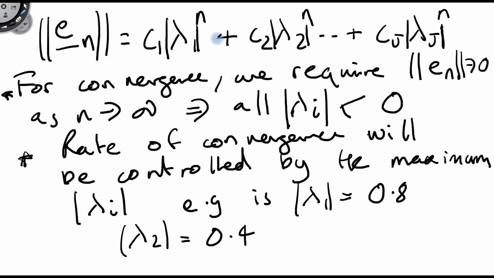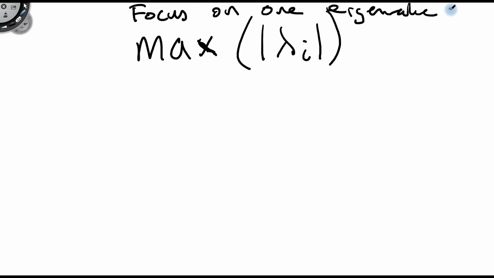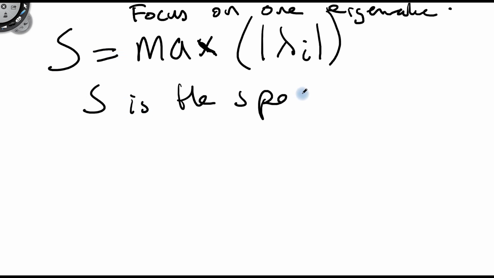And this is a very useful simplification because it allows us just to focus on one eigenvalue, the maximum of the absolute eigenvalues, which is going to control convergence. That's got a name: S, the spectral radius.